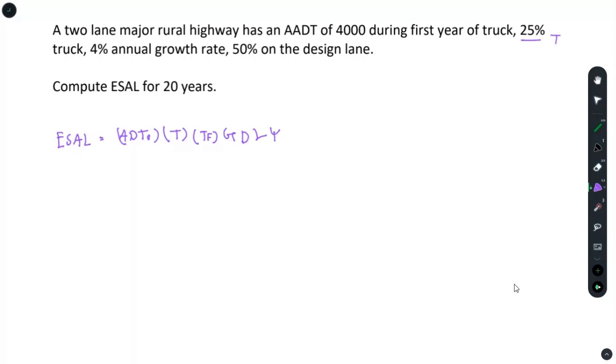What does Y mean? It means the design period, in this case 20 years, and it will be multiplied by 365.